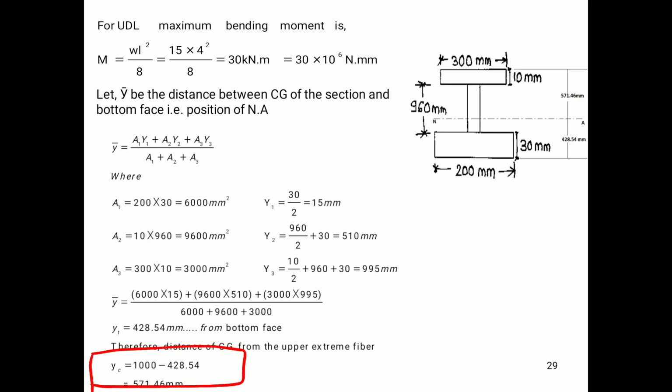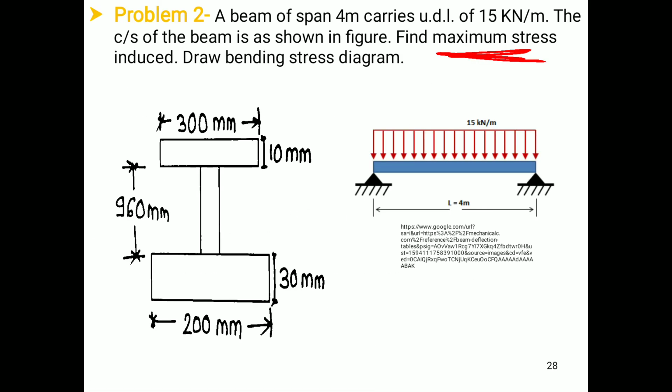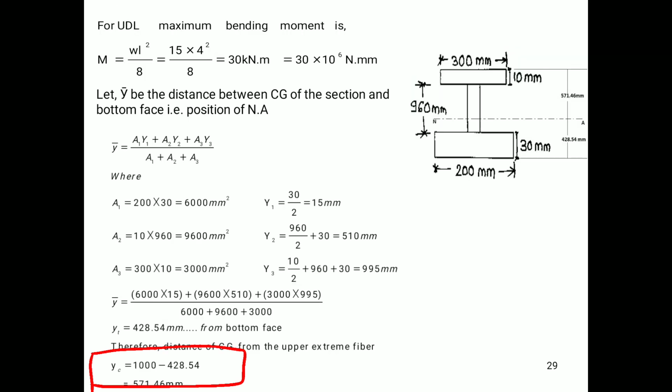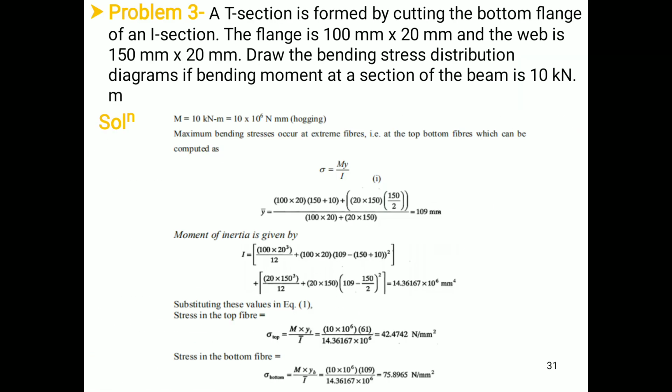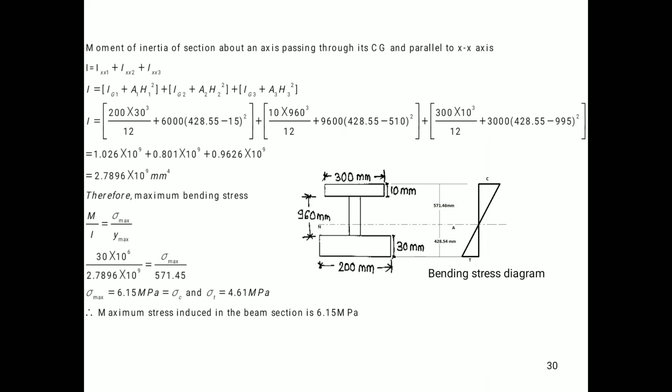Now, in the numerical, it is also asked that you have to draw the bending stress diagram. As discussed earlier, we have M upon I equal to sigma by y equal to E upon R. All of you know that the value of sigma is directly proportional to the distance y.